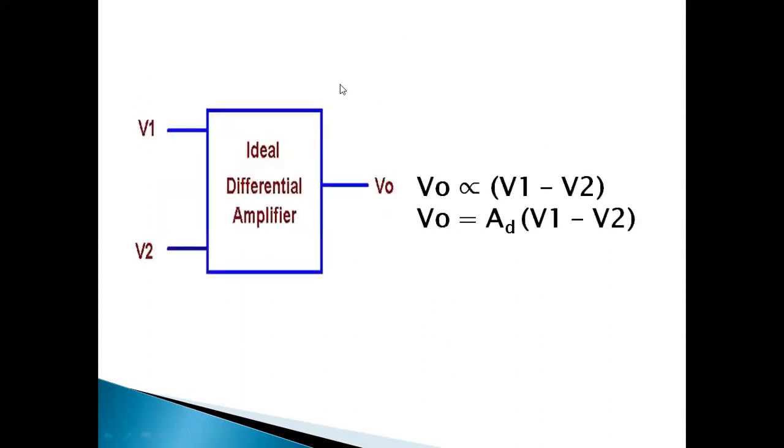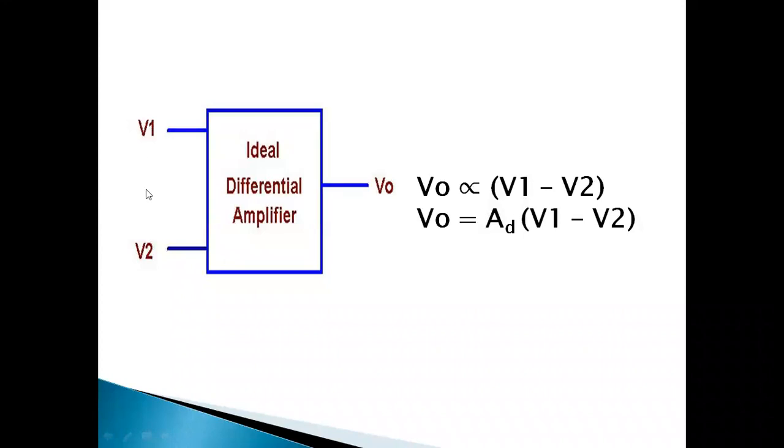Here we have the pictorial representation of a differential amplifier. It consists of two input signals, V1 and V2.